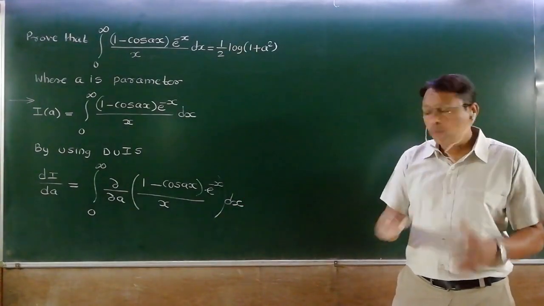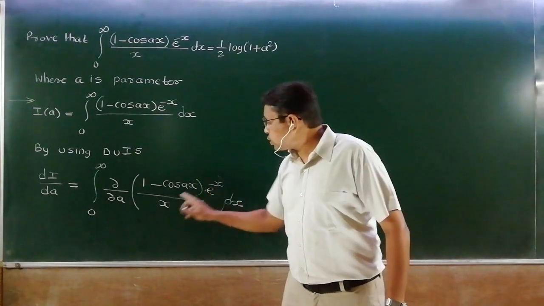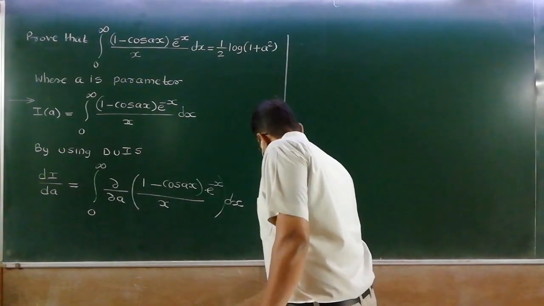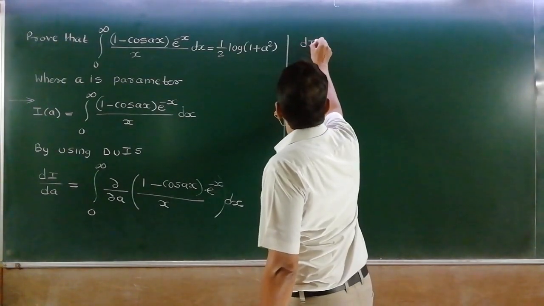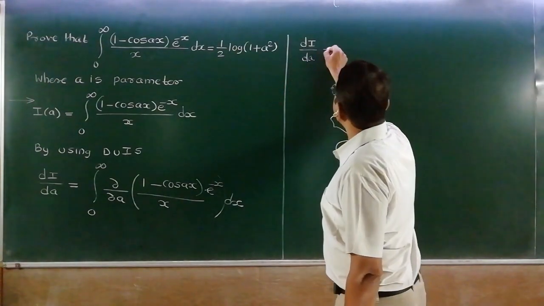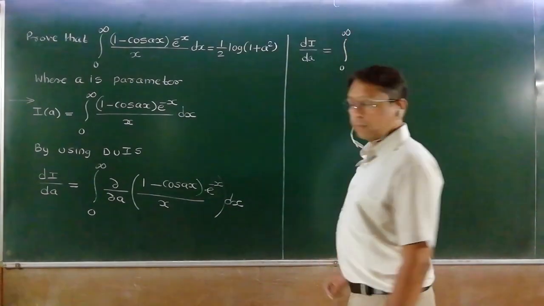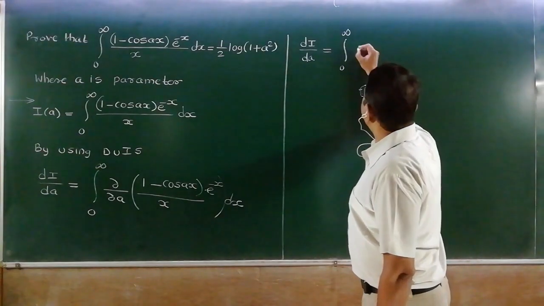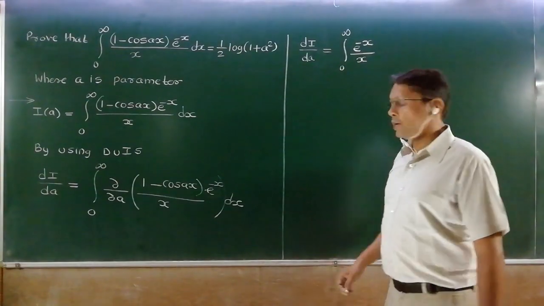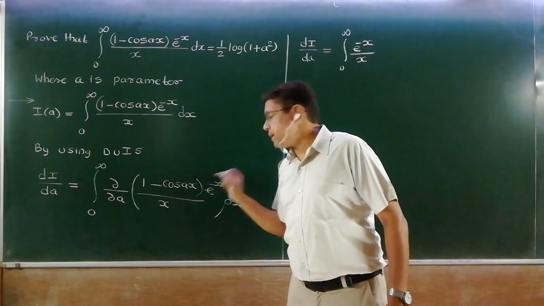In that first step, we have to partially differentiate with respect to a by keeping x constant. Therefore dI by dA is equal to the integral from 0 to infinity of e raised to minus x upon x, which is constant, because a is variable, and now differentiate only 1 minus cos ax.